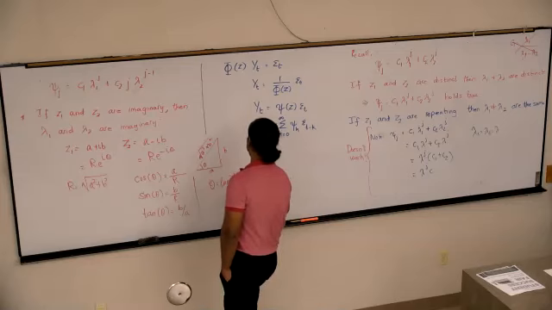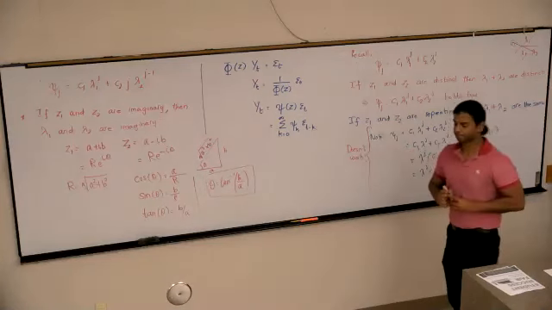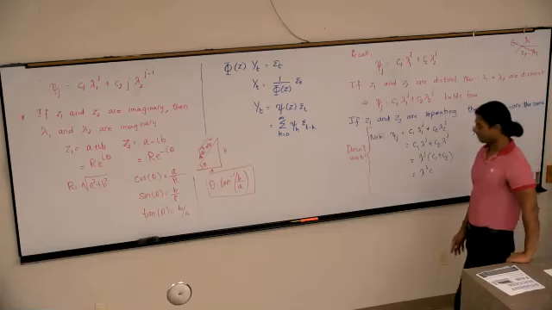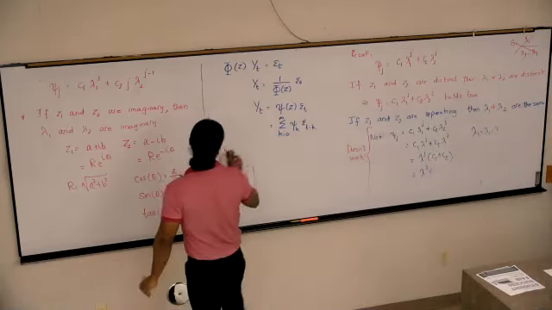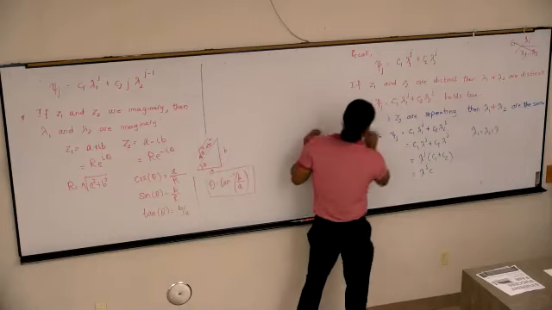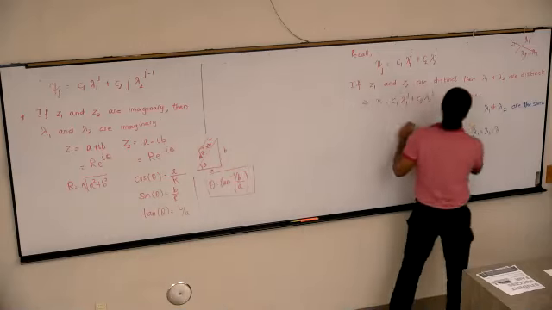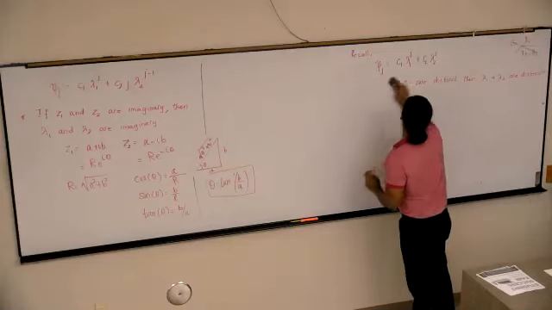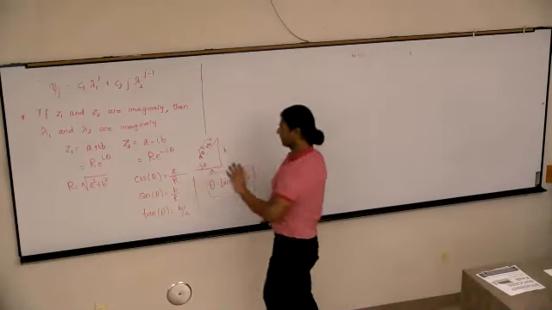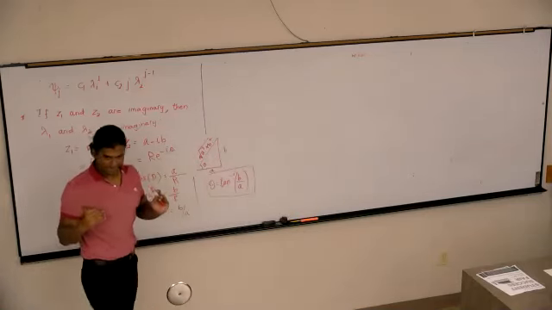Theta is tangent inverse of B over A. So we know how to get R, we know how to get theta.